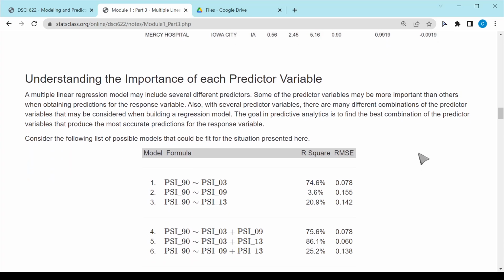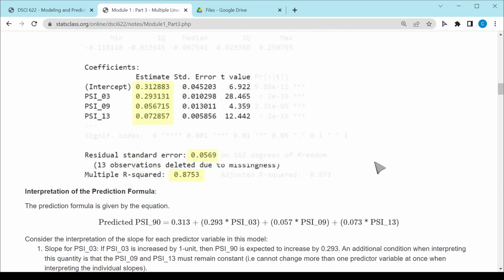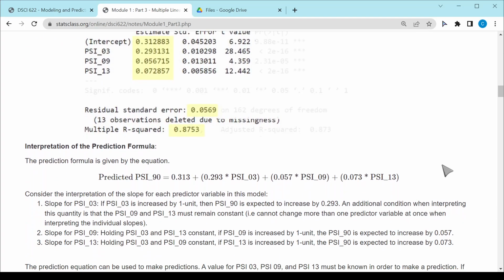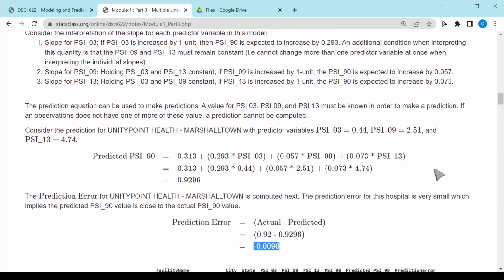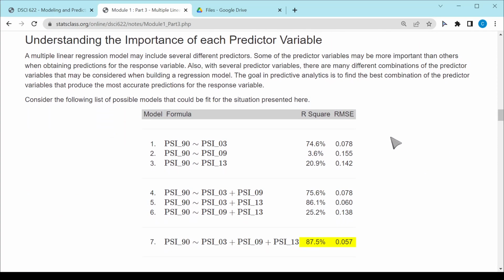Okay, the next thing then is to understand the importance of each predictor variable. So I have 3 different predictor variables that went into this prediction equation. And we oftentimes want to know which of those predictor variables are more important than others. Certainly some predictor variables are more important than others in a prediction equation.